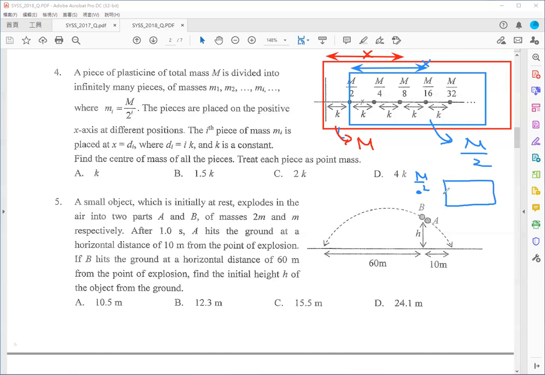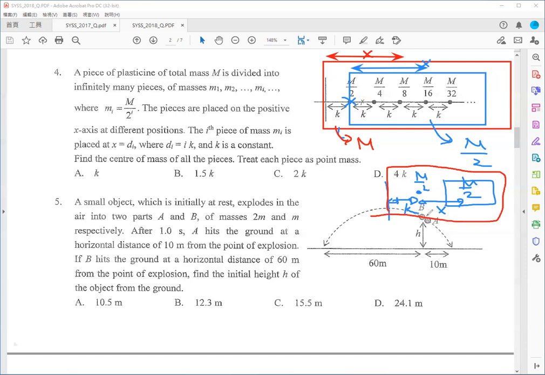So the center of mass of the blue system is distance x from the point of m over 2. And then the total mass is m over 2. So this is k. And then I'm going to find the center of mass of the red system. The red system is just m over 2 with the blue system.